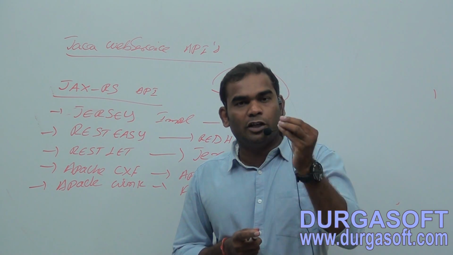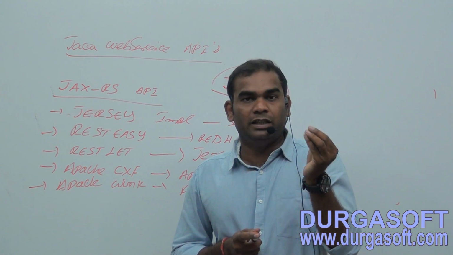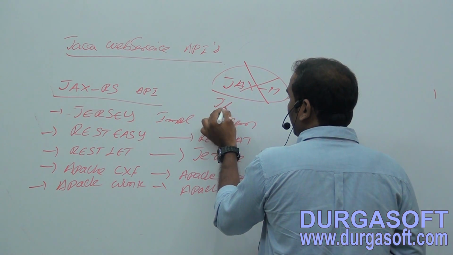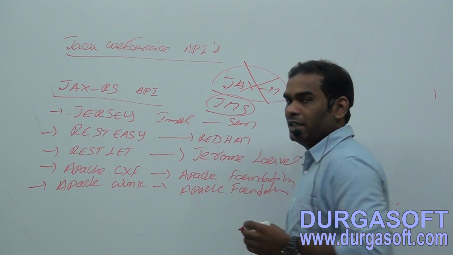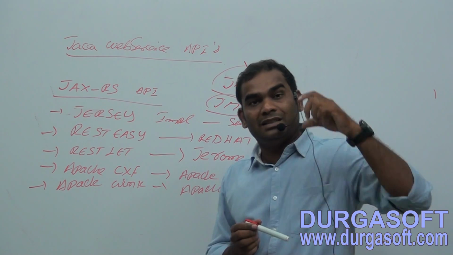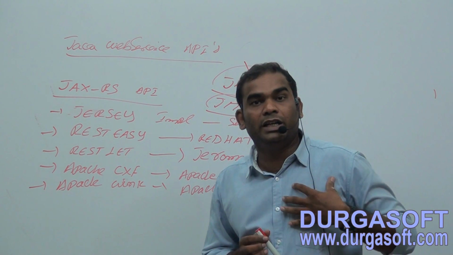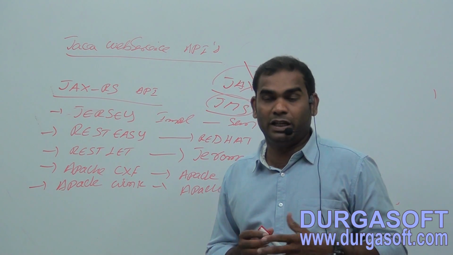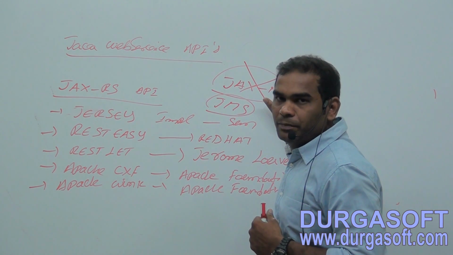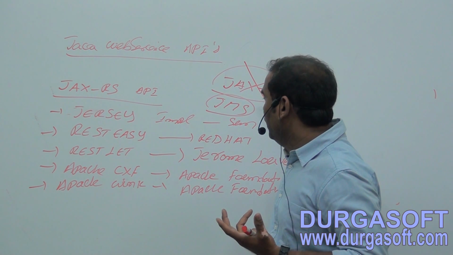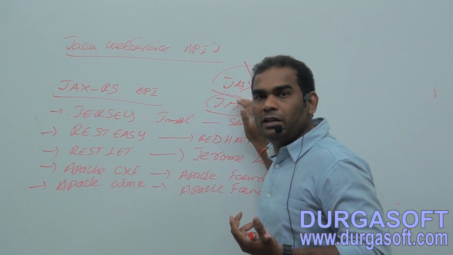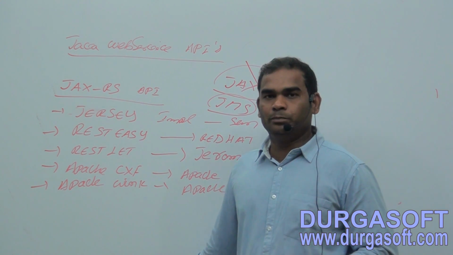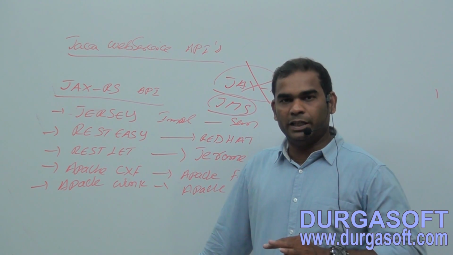Still, if you want to develop asynchronous services using Java, instead of JAXM we go for JMS, the Java Messaging Service. Using JMS we can develop asynchronous services, so we never go for JAXM. That's all about the Java web service APIs.